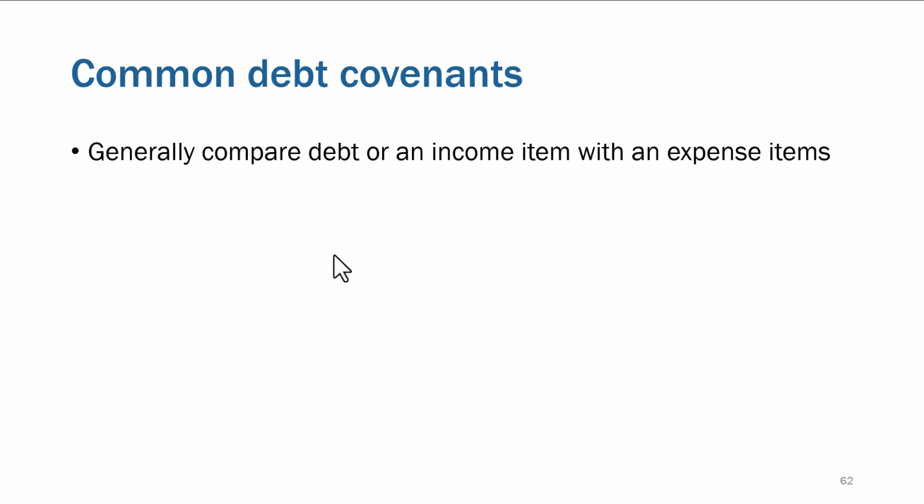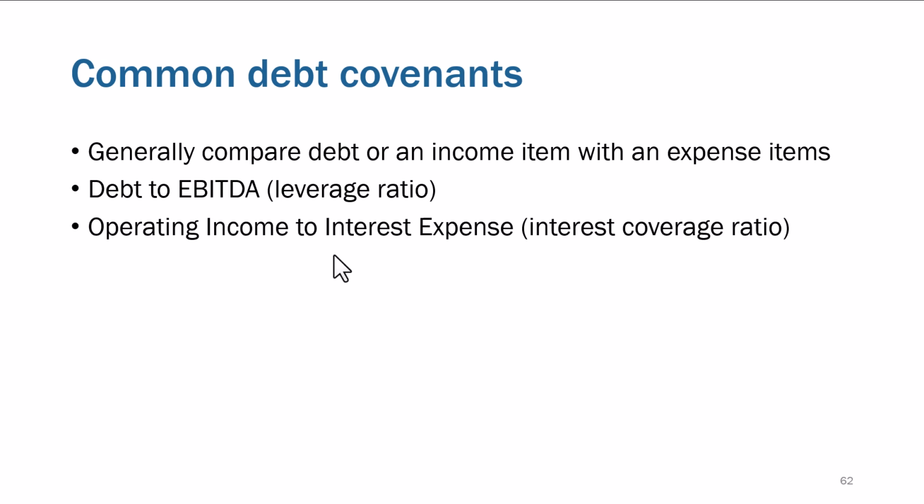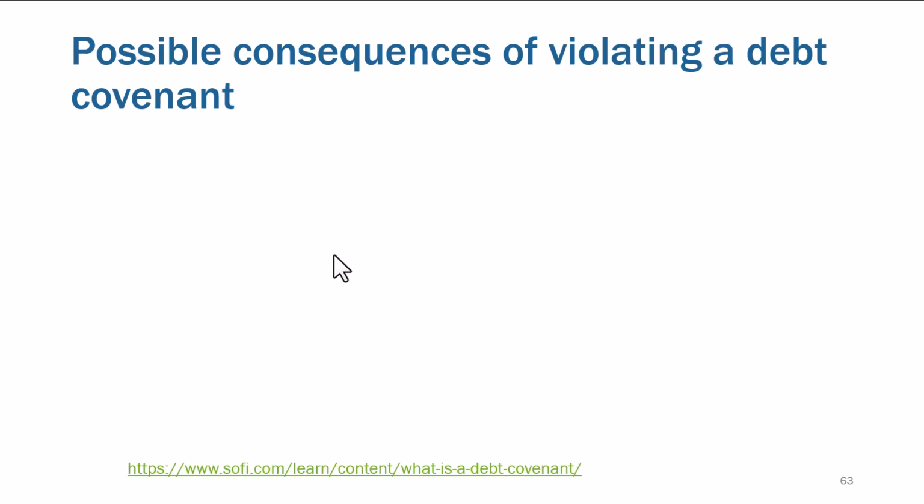So generally, we compare debt or an income item with expense items to try to determine how risky a company is with its leverage, or how much leverage that it has. Debt to EBITDA, that would be one thing that we could compare, or operating income to interest expense, the interest coverage ratio, a couple very popular metrics. These are done by bond rating agencies. These are done by banks as well.